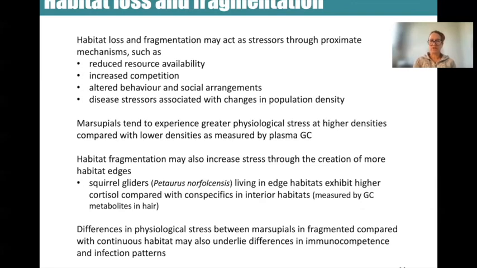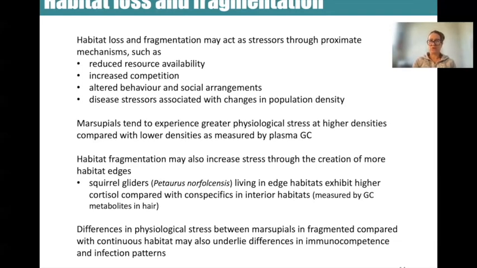Habitat fragmentation can increase stress through the creation of more habitat edges. So in squirrel gliders, it's been found that individuals living in edge habitats actually have higher cortisol levels compared with conspecifics that live in more interior habitats. So this might have something to do with proximity to humans and human activities.